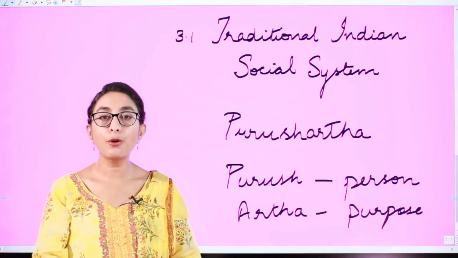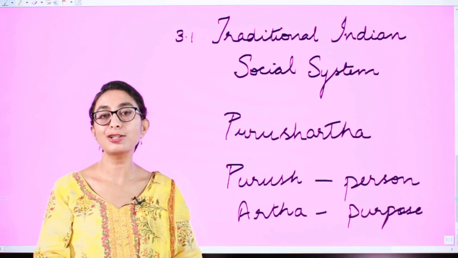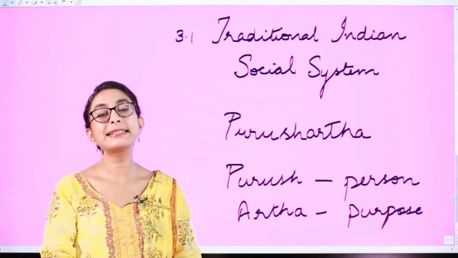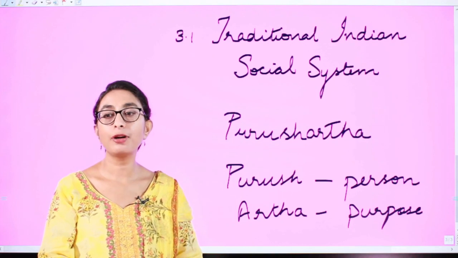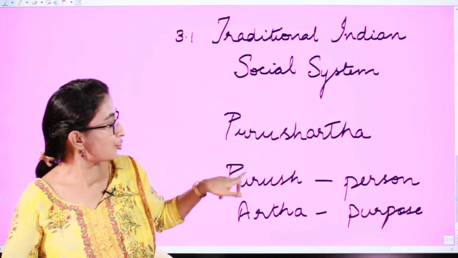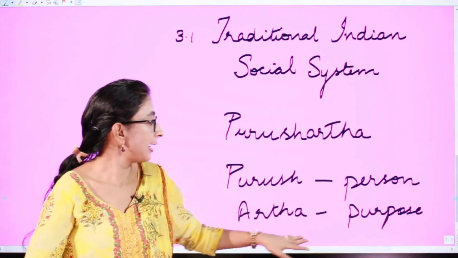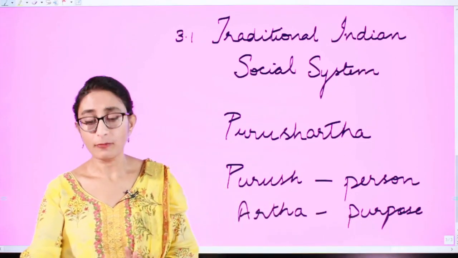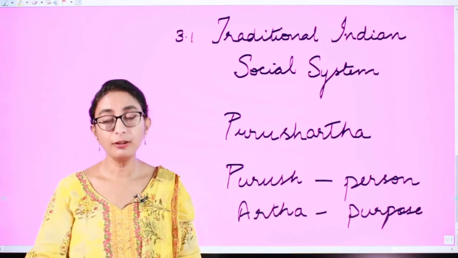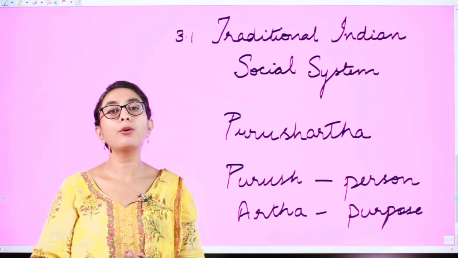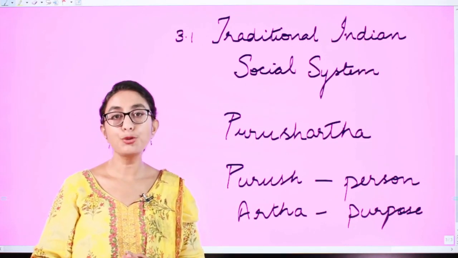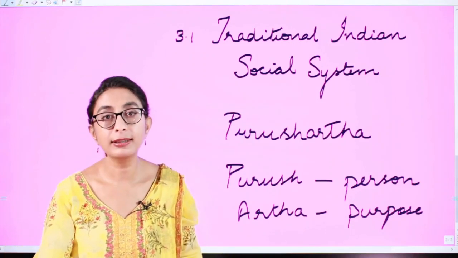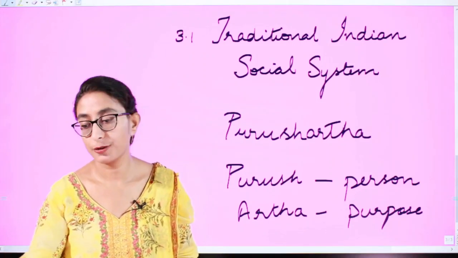And those four goals or aims are called Purushartha. The word Purushartha is a Sanskrit word which comes from the words Purush, which means person, and Artha, which means purpose. Okay. So, what are the four goals or four aims which a Hindu should follow in his lifetime? They are dharma, artha, kama, and moksha.